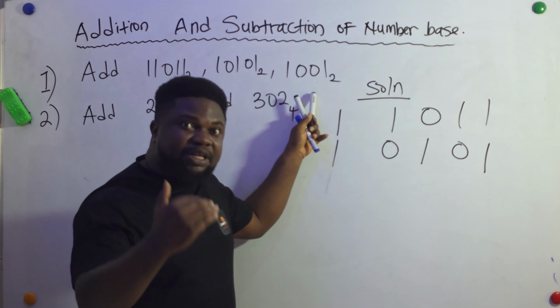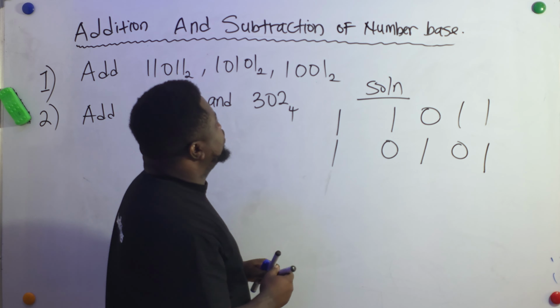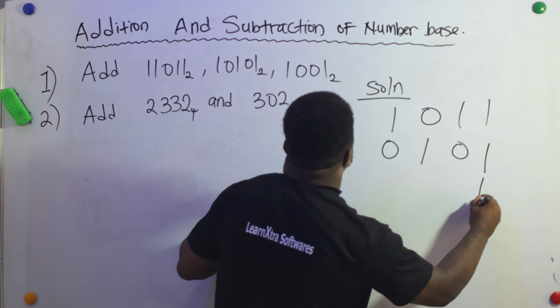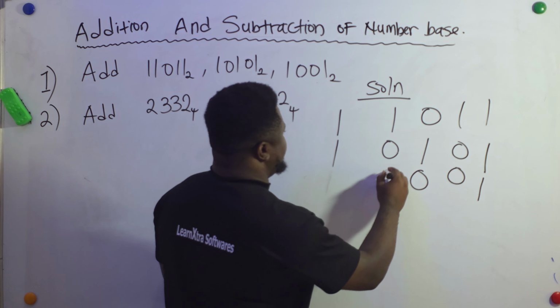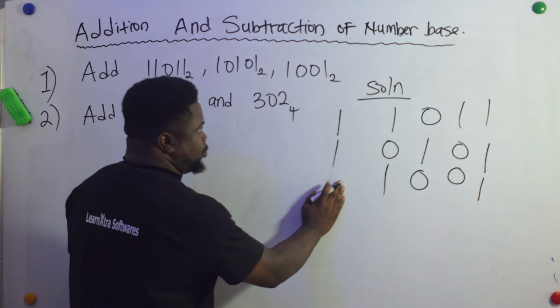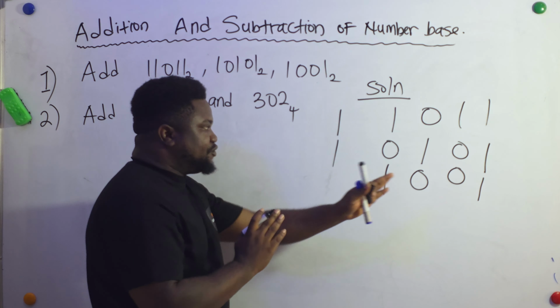So when you start from the left to arrange your addition table, you will have 1 0 0 1. A space will be here. That's why it's best to start from the left to arrange.